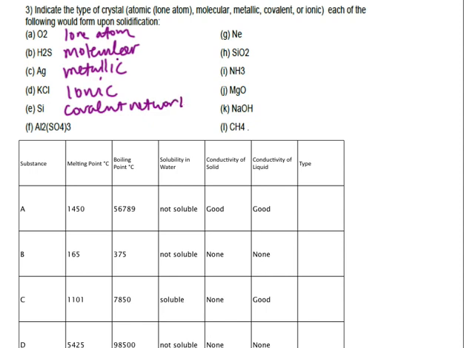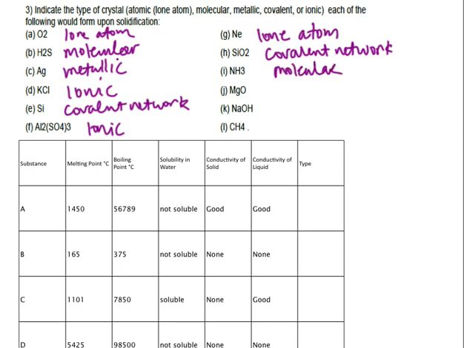Aluminum sulfate. Ionic. Neon. That's lone atom. Silicon dioxide. Covalent network. Ammonia. Molecular. Magnesium oxide. Sodium hydroxide. Methane. Molecular.